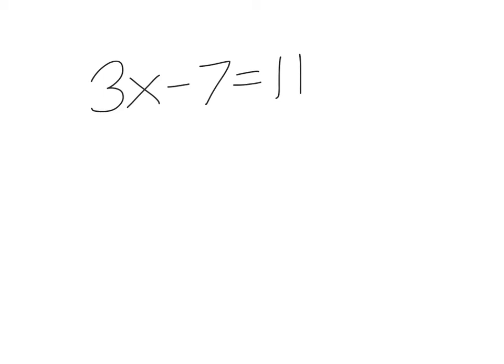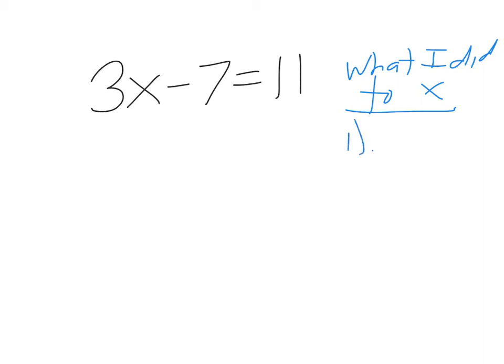Okay. So let's see if you did this correctly. If you wrote off to the side what I did to x, because that's my variable, the first thing you would have said was you multiplied it by 3. And then you would have said you subtracted 7.